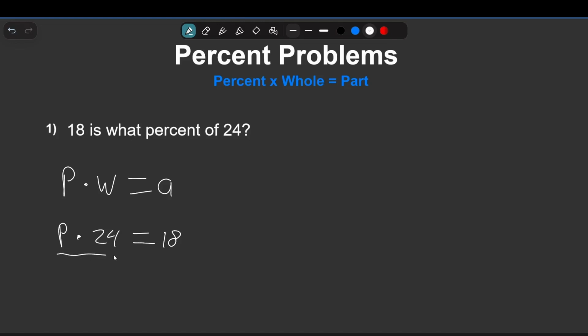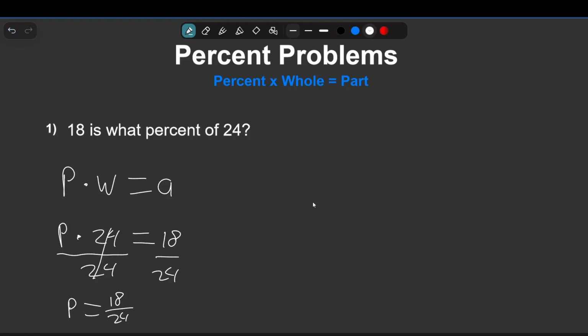So we're going to divide both sides by 24. 24 divided by 24 will cancel each other out, so we are just left with our variable. So P equals 18 divided by 24. And now we just have to solve 18 divided by 24 to get to our final answer.